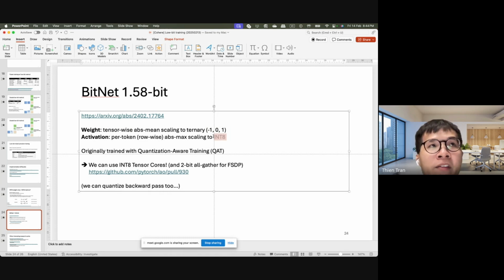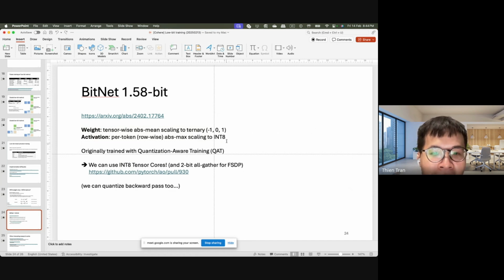With the knowledge from this talk so far, I hope you can realize that we can use int8 tensor cores, because the weights fit nicely into int8, and the activations are already int8. So we can speed up BitNet training significantly by using int8.